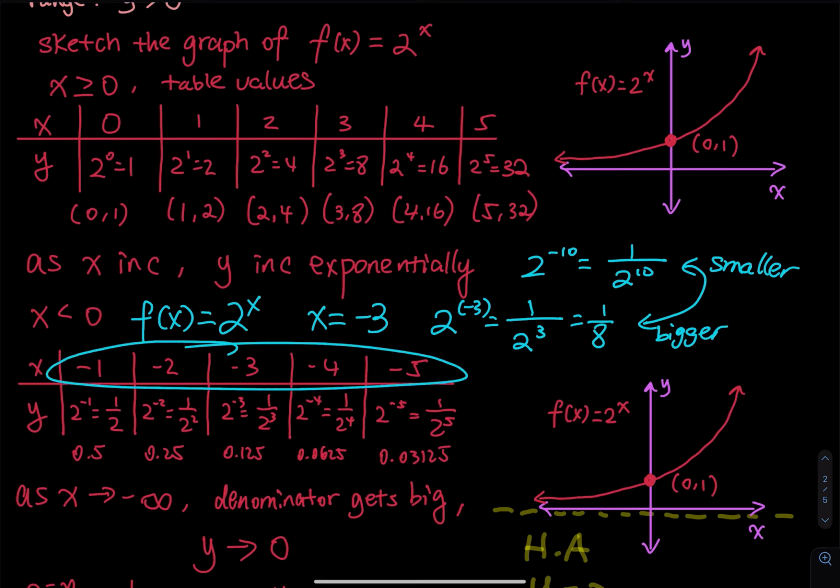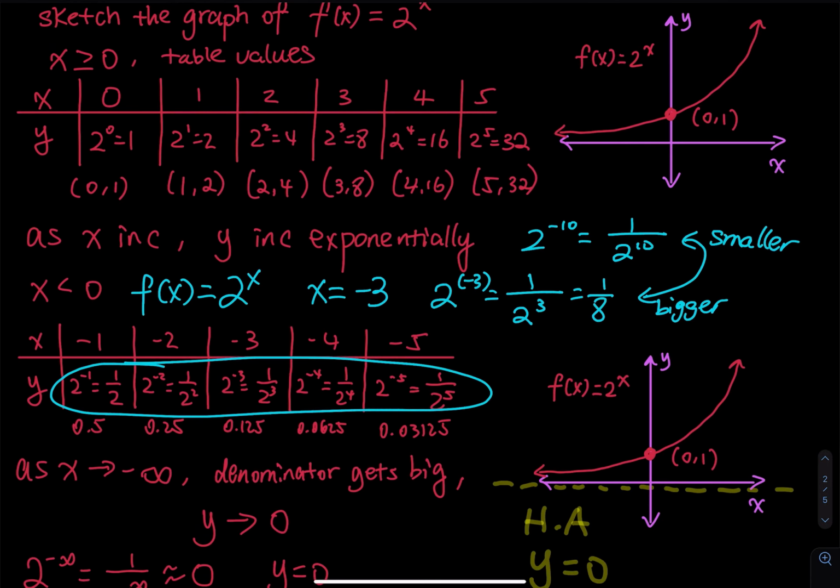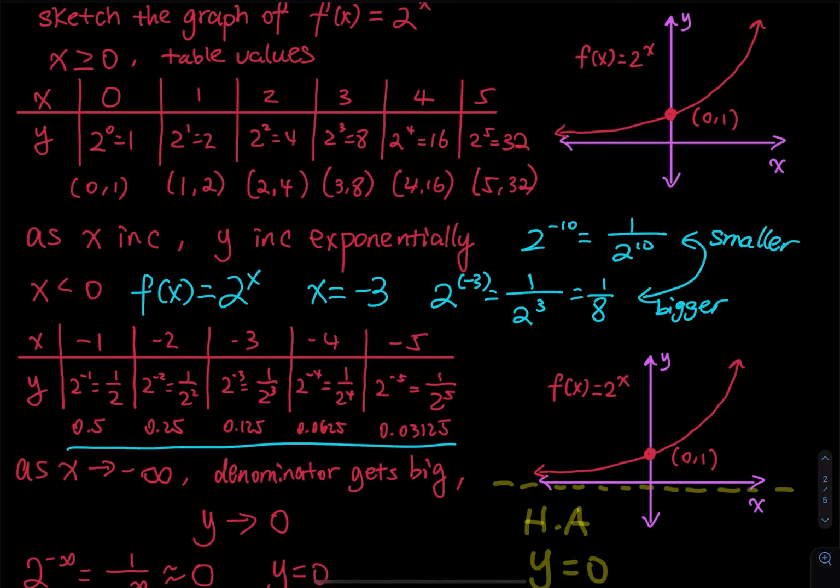From -1 all the way to -5. If you keep moving to -6, -10, -20, the y value is getting so small, because take a look at the y value. You have 1 divided by a very large denominator as x approaches -infinity. So therefore, the corresponding y value is getting very small.